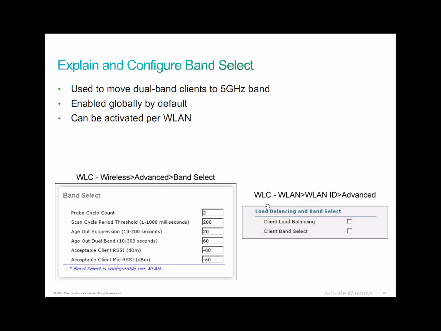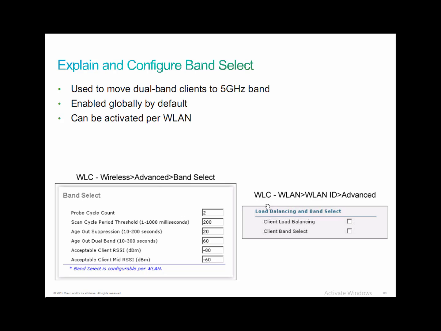Band selection is all done, by the way, by regulating those probe responses that I talked about. The idea is that we're trying to make channels on one frequency spectrum more attractive to the client by delaying those probe responses for channels on the other frequency. Now, you can configure this particular feature through the GUI, which is what you see on the screen here, or you can do it through the CLI.